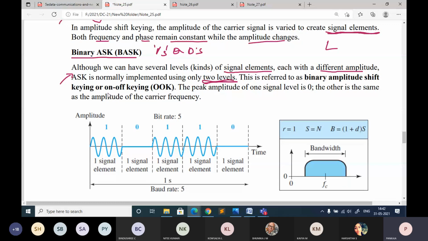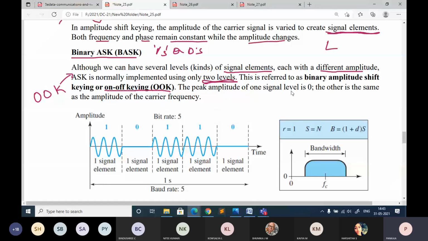When you are using 2 levels of amplitude to represent the data, this concept we call binary amplitude shift keying, or it can be called OOK, that means on off keying. On means it is representing value 1, off means representing value 0. That's why sometimes it is also called on off keying. It is only for binary ASK that we call it on off keying.